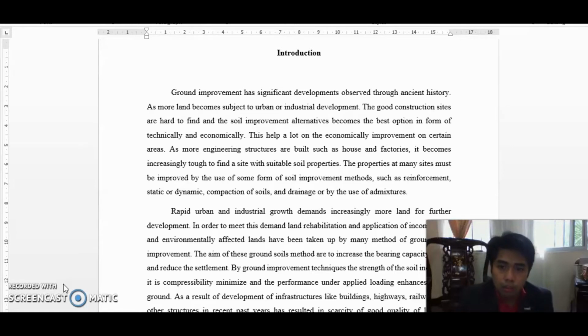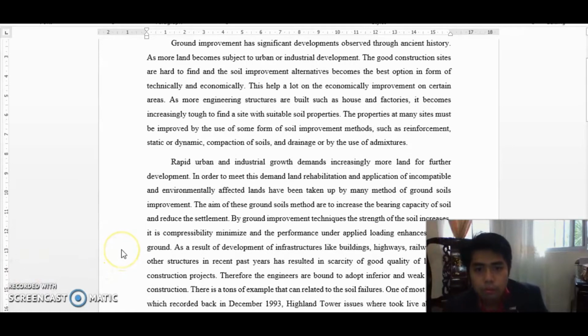This helps a lot in improving particular areas for engineered structures, built as houses and factories. It is increasingly tough to find a suitable site, because we have to discover a lot of areas and study the soil condition first. With rapid urban and industry growth, we might need more land.